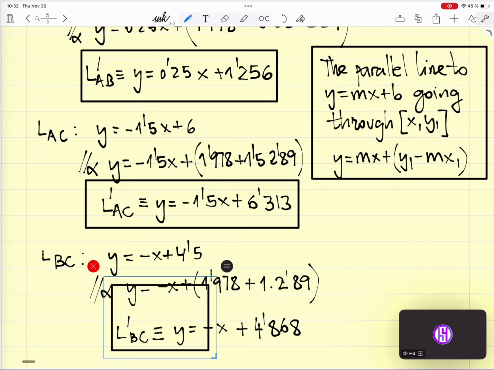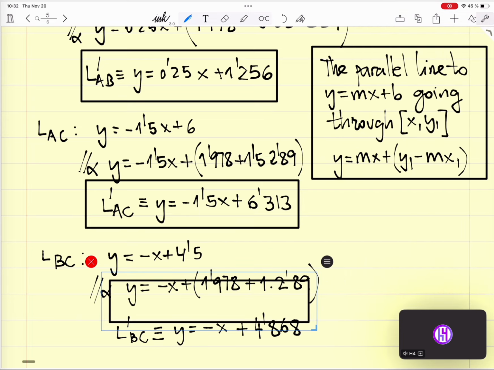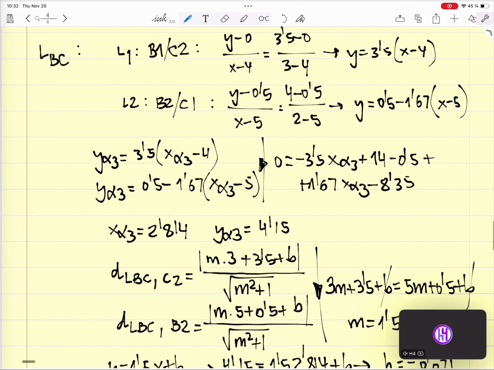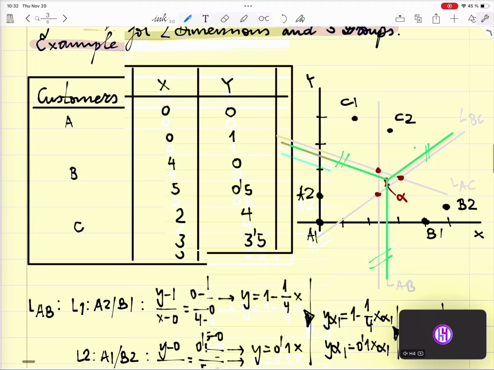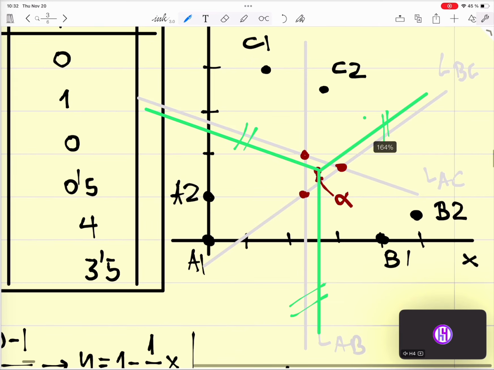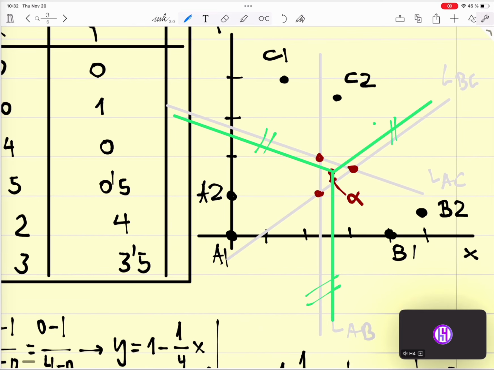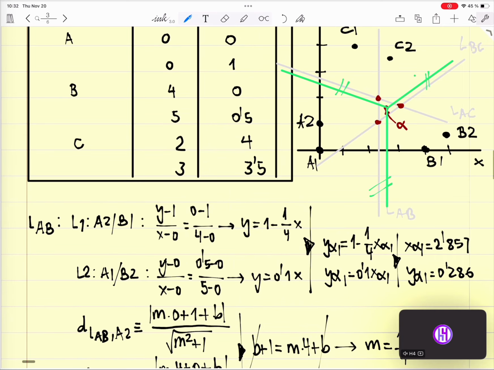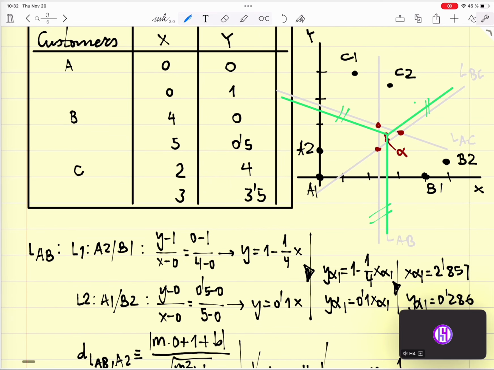Okay. And these are the 3 equations of the 3 lines going through alpha that are represented here in green. Okay, any questions?